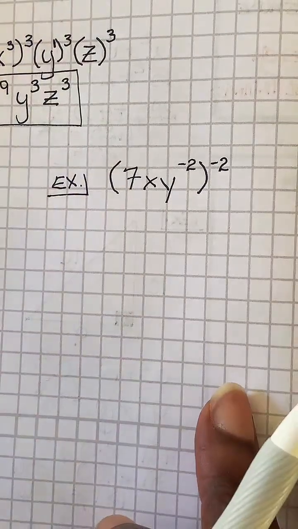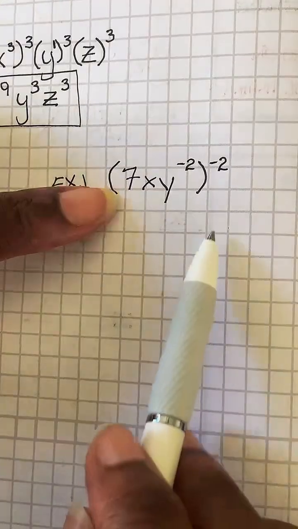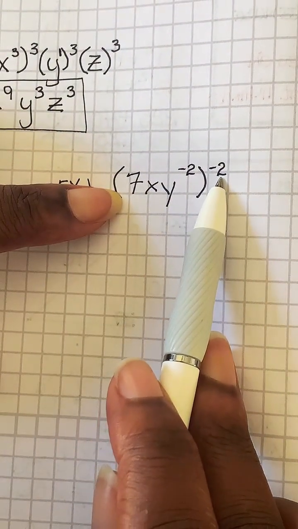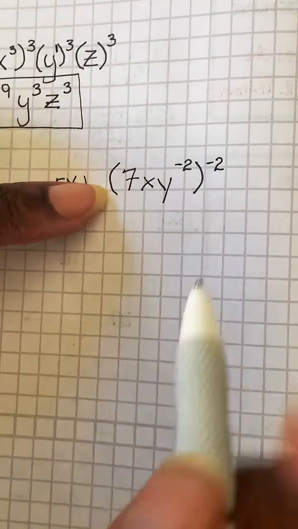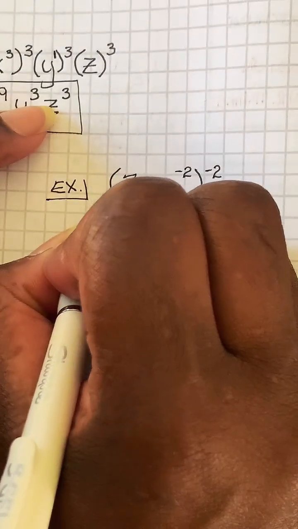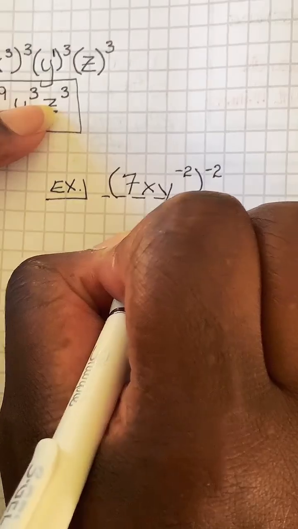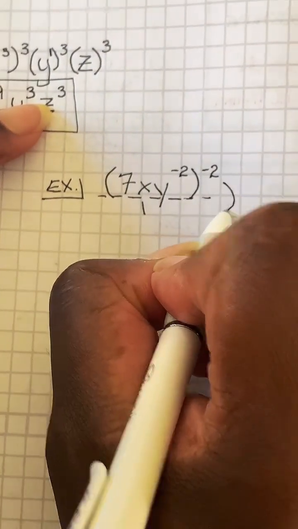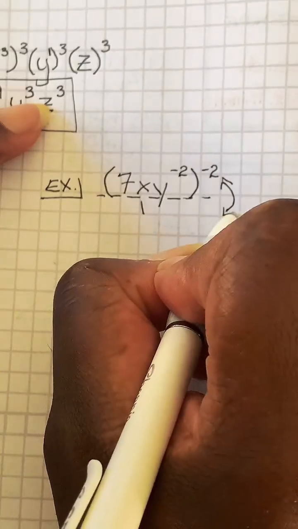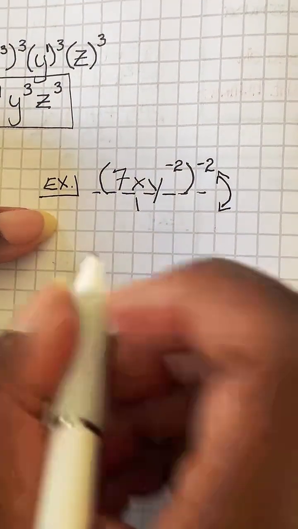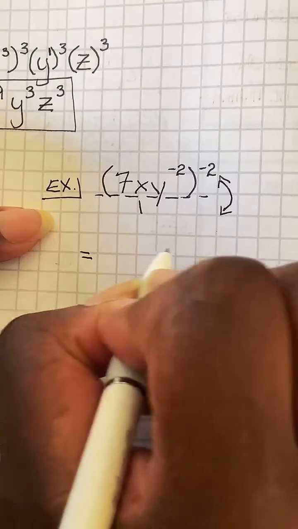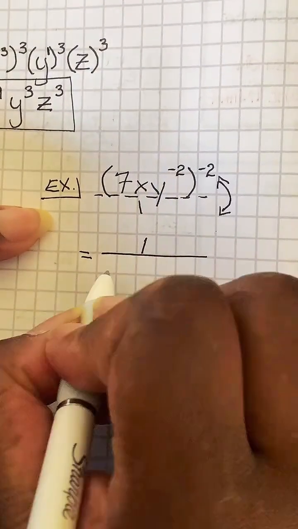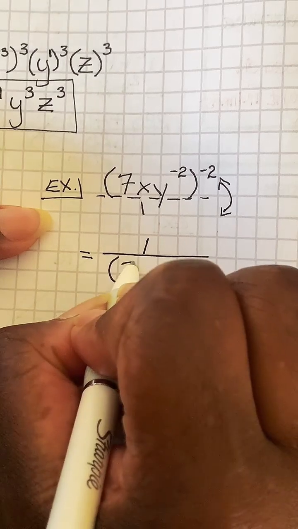Let's take a look. All right, first thing, if we can, let's make this outside positive. The way we do it, we're actually putting it over 1. And what we're actually going to do is flip. So that means my numerator is going to be the 1, and my denominator is going to be everything that we see.